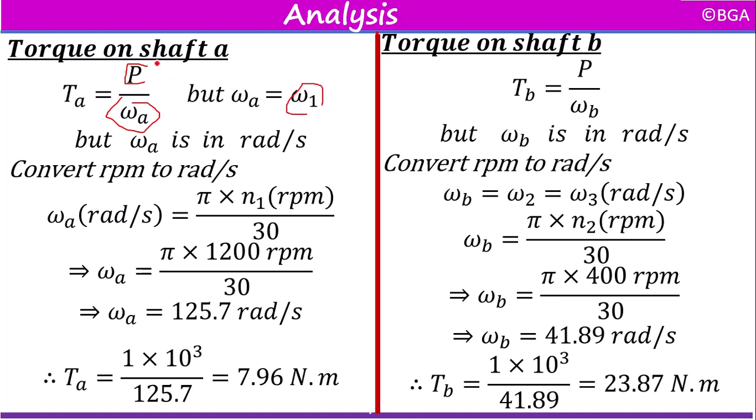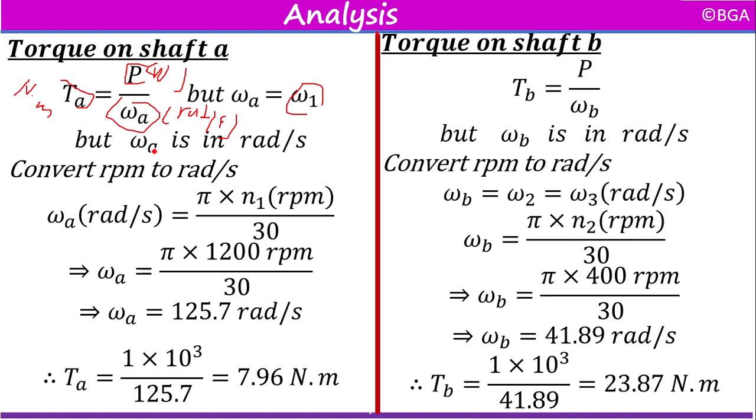When you use this equation, don't forget that P should be in watt and omega should be in rad per second. This is the right way to use this equation, and then you get the torque in terms of Newton millimeter.